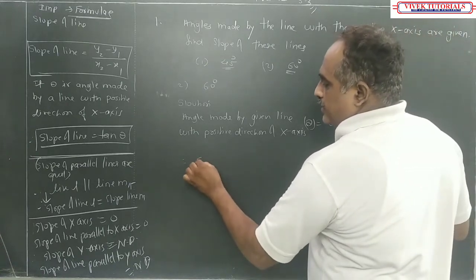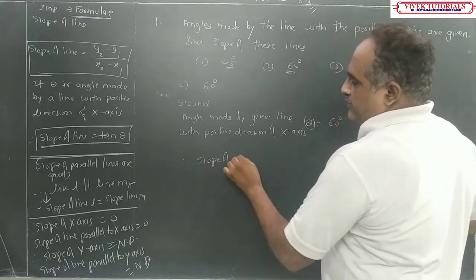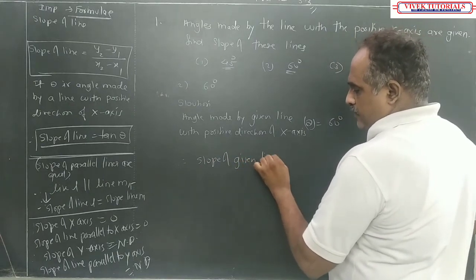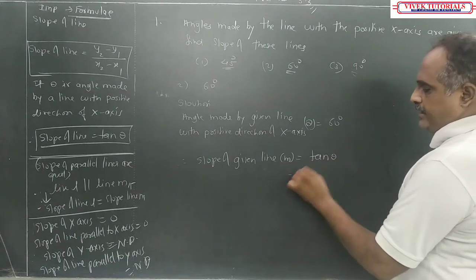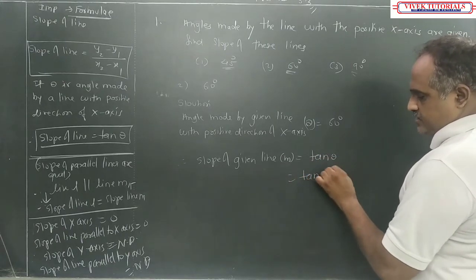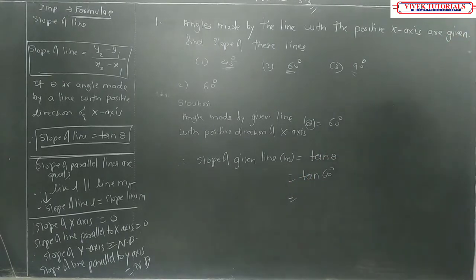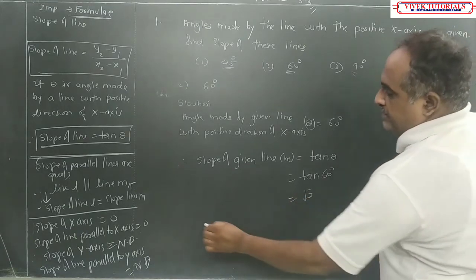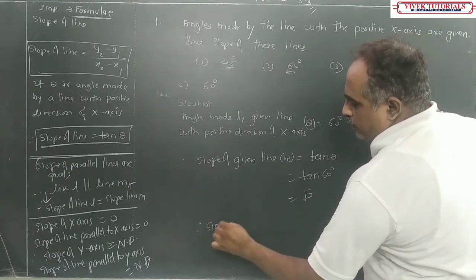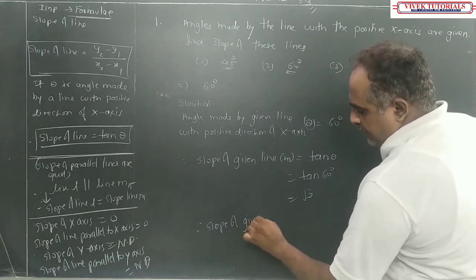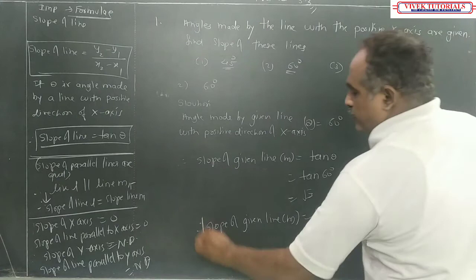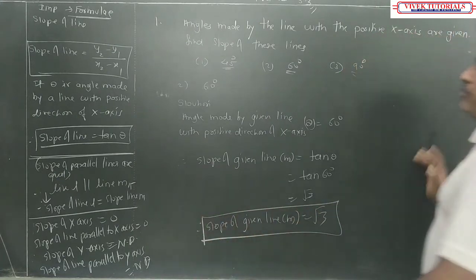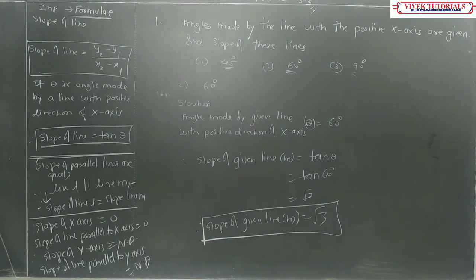Therefore, slope of given line m is equal to tan theta, tan 60 degree. Now I had given the value of tan 60 is root 3. Therefore, slope of given line m is equal to root 3. It is the answer we are going to put in a box. I think you understood it. Copy down it properly.